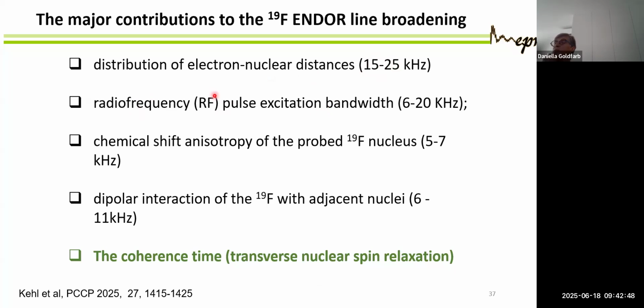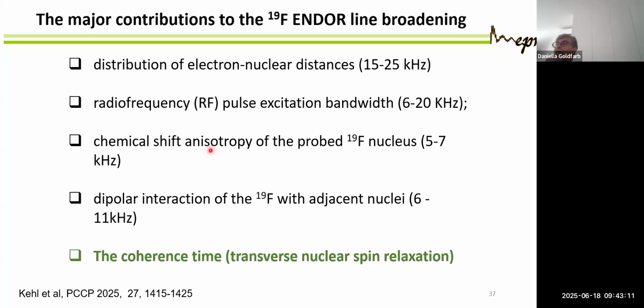Now you have to worry about the radio frequency pulse excitation. There is very nice work of Marina Bennati that measured all these things. Here, the approximate broadening from the pulse excitation is 6 to 20 kilohertz. So you should work with long pulses, and then you lose sensitivity.